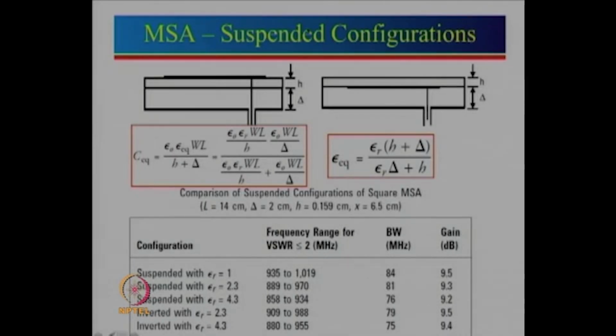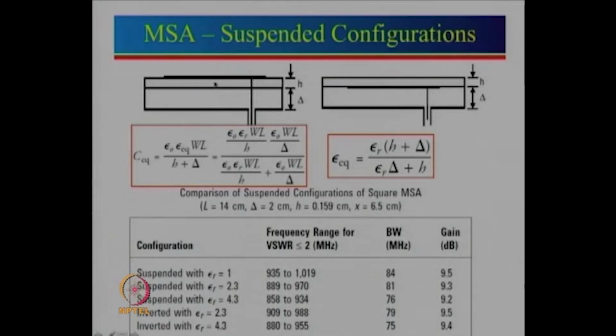Now comes the next part: what if it was a metal plate only? We have shown the configuration with epsilon r equal to 1. So for a metal plate, one of the commonest approaches is that you put a shorting post right at the center. By putting a shorting post here at the center, we can provide support to the patch.